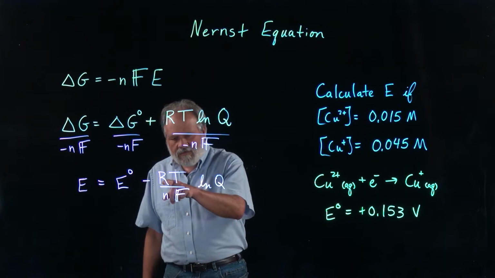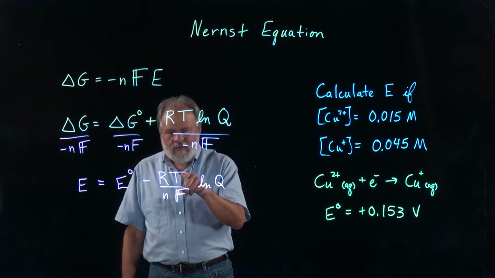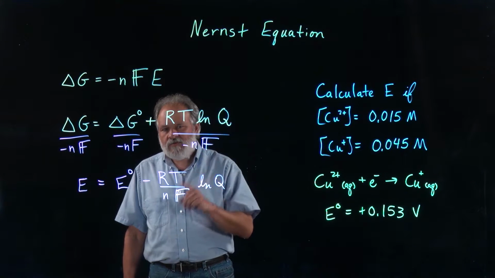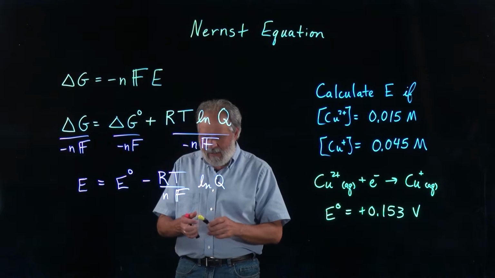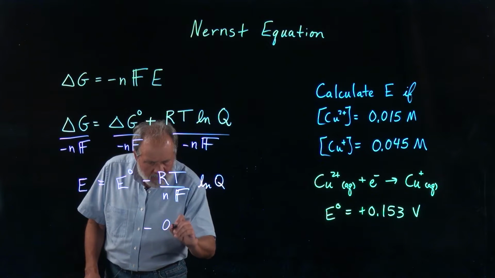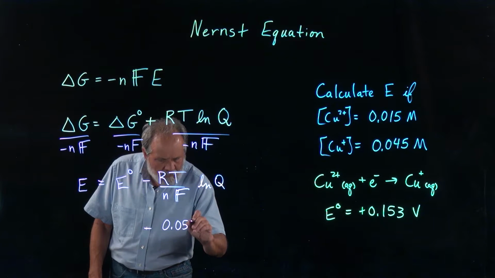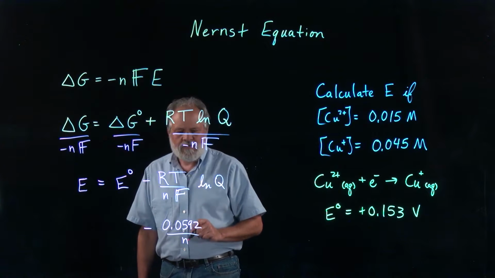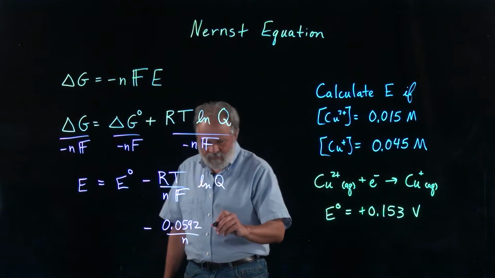So we take the gas law constant, 8.314, times 298 divided by 96,500 times 2.303, and get 0.0592 volts.